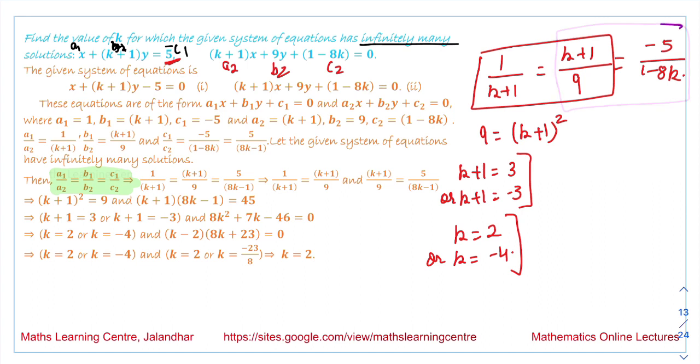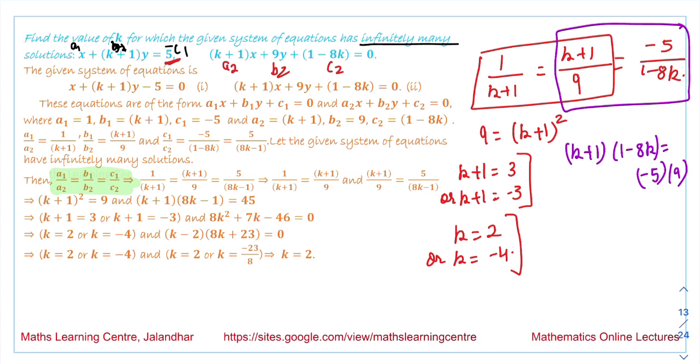From the next two equations we are saying it is (k plus 1) into (1 minus 8k) that is equal to minus 5 into 9. When we multiply these terms it is k minus 8k square plus 1 minus 8k that is equal to minus 45.